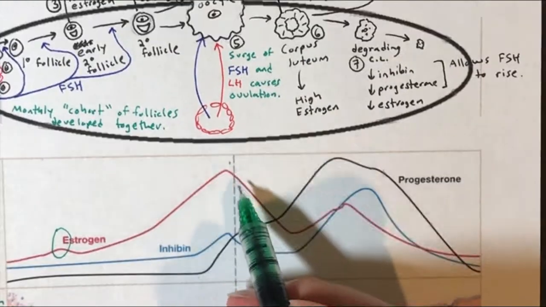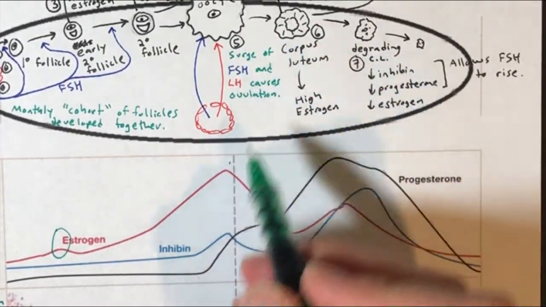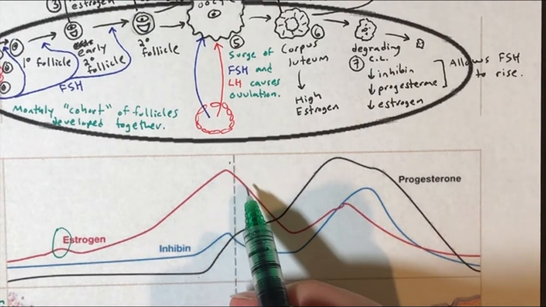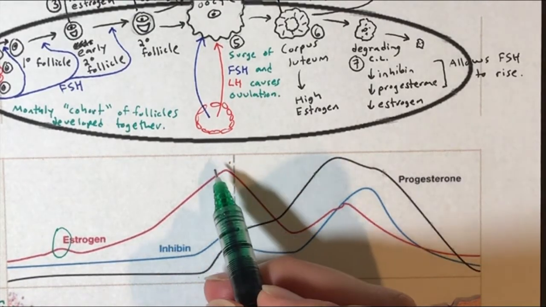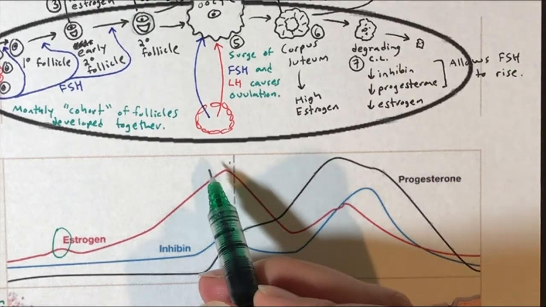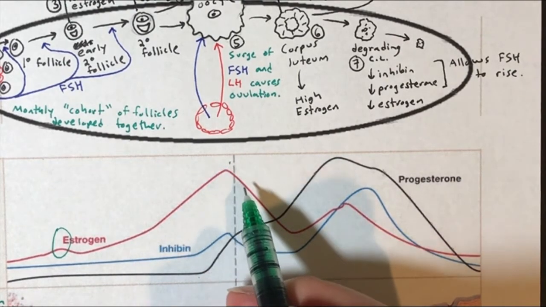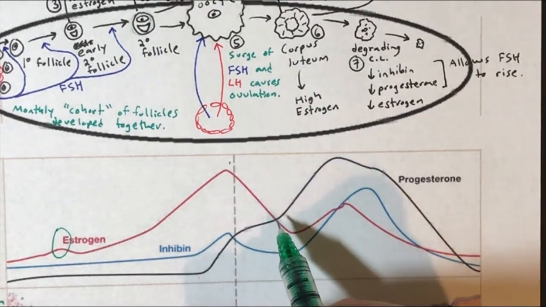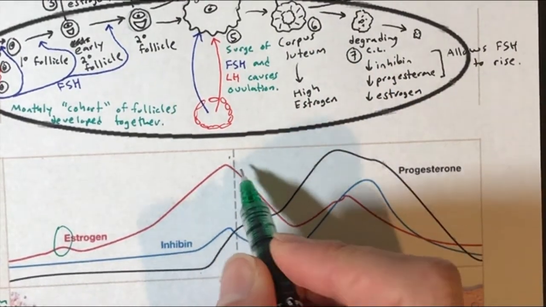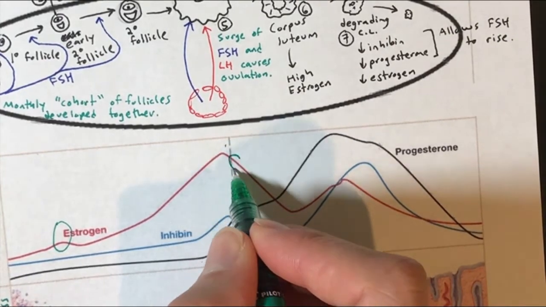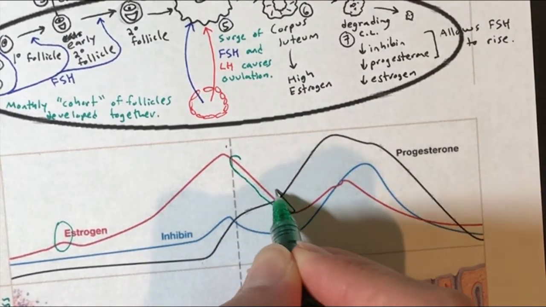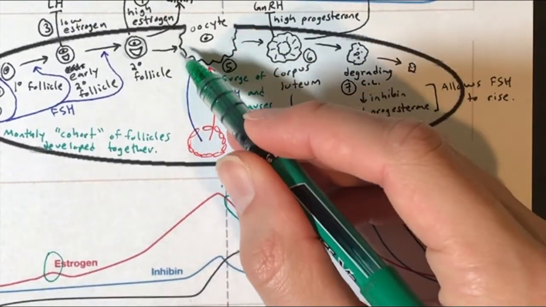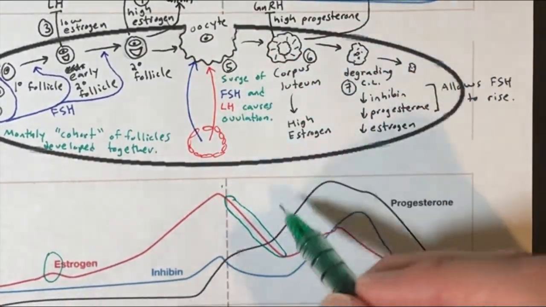And then the secondary follicle is becoming the corpus luteum. So as that secondary follicle becomes the corpus luteum, the estrogen concentrations are going to go down as it's becoming it. It takes from about here to there for this structure of the follicle to become the corpus luteum.